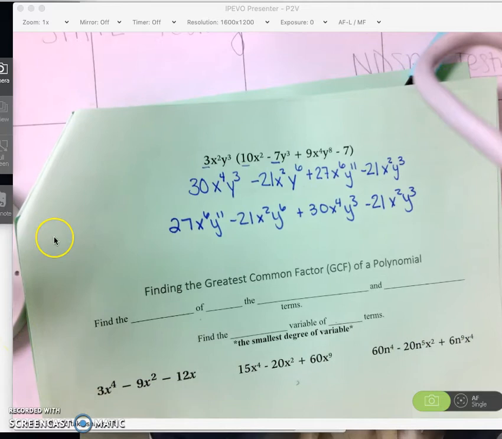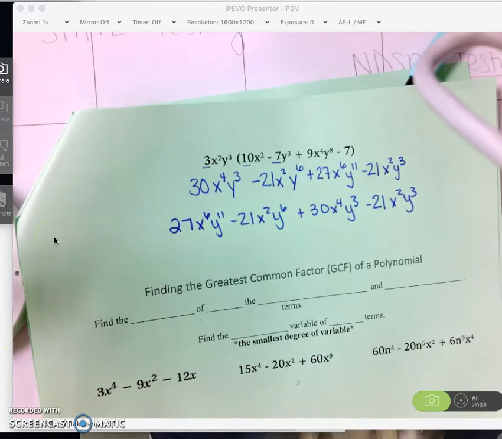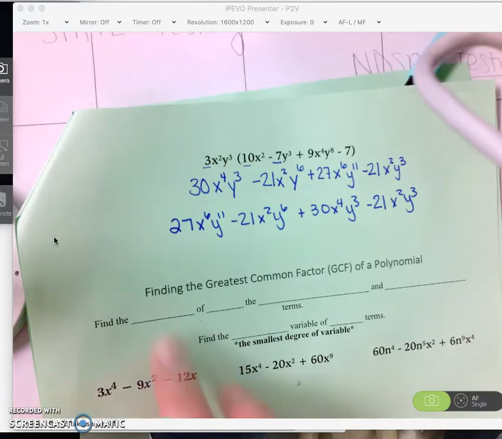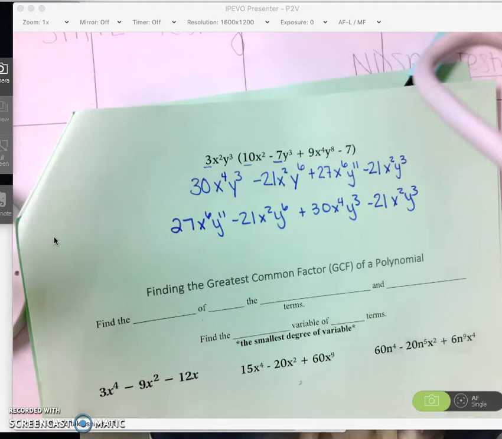Okay, now when finding the greatest common factor, GCF.